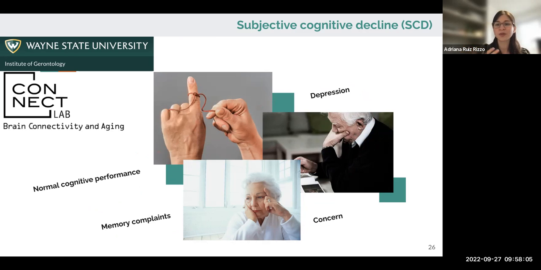So even though they perceive that something is changing, that something is getting worse, still they do very well in cognitive tests. So that's why I feel this is a very intriguing topic to investigate, because we have to find ways to objectivize these subjective perceptions.